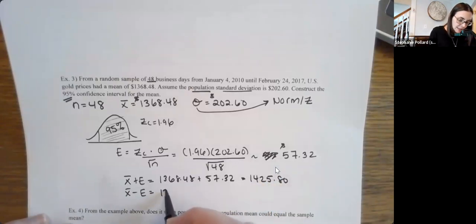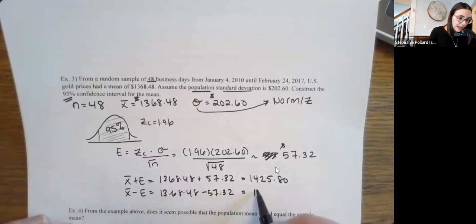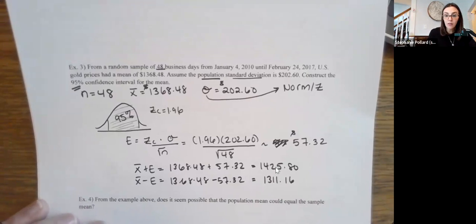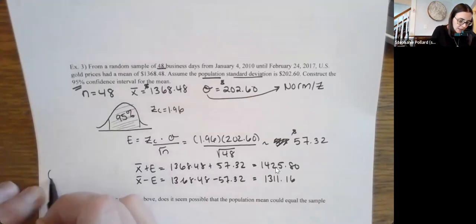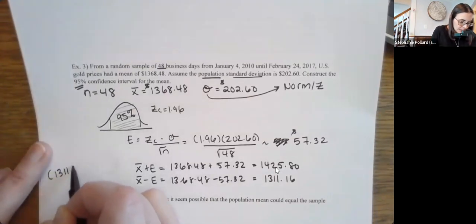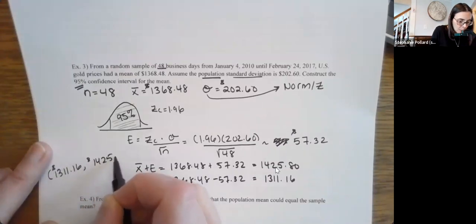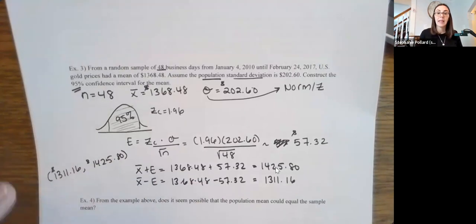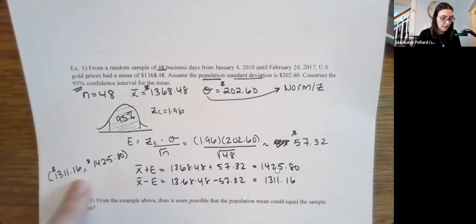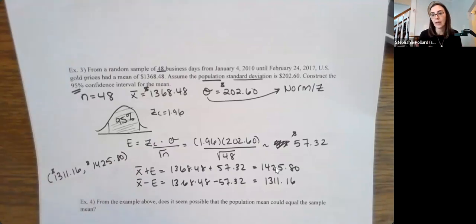And when we subtract it, we get 1311.16. So what we're seeing here for our confidence interval is we're starting at 1311.16 and we're going up to 1425.80. So we would be 95% confident that this range here actually does contain the true mean for gold prices for the population.